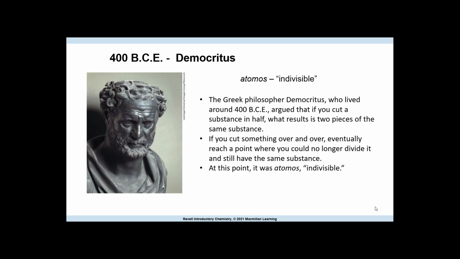And that's exactly how you think of an atom. Once you cut an atom, you are no longer dealing with the properties, for instance, like iron. So you can't cut anymore. You can cut in, but you're no longer dealing with that element's properties and substance. So that's the same general idea. You're at the end of the substance, which is an atom, and it's named atomos, which means indivisible.